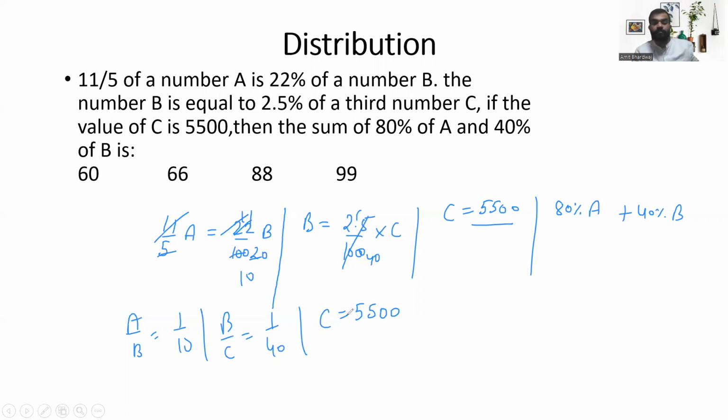Now if B is 1, can we make it 10? If this is 10, this is 400, right? So the ratio of A, B, C is 1 is to 10 is to 400, right? So the 400 value, according to the question, is 5500.